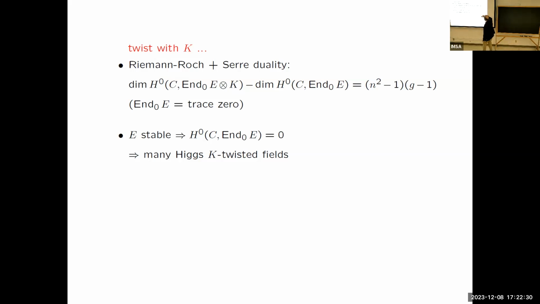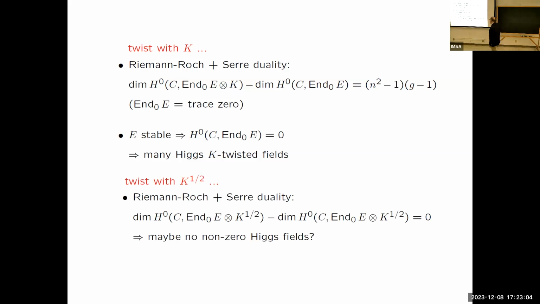So in this case, if E is of rank n, then this is the dimension of this difference. And so we always know that there are holomorphic sections. We have, if you like, an inequality on the sections. And if the bundle is stable, so we'll say what that is in a minute, then there are no non-trivial endomorphisms of the bundle. So we get exactly this number of K-twisted Higgs fields.